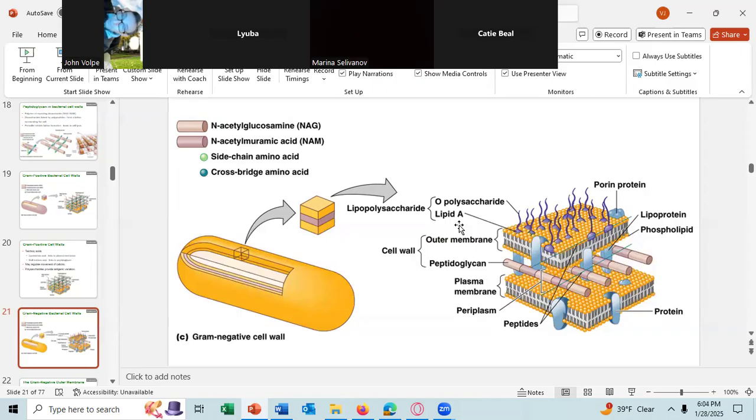So all gram-negative bacteria that cause an infection, where the species has a cell wall, will always contain lipid A, an endotoxin.